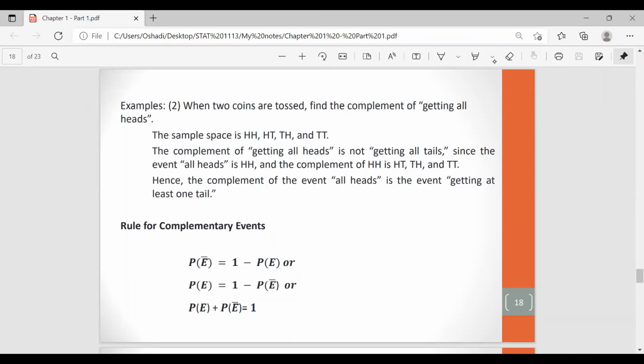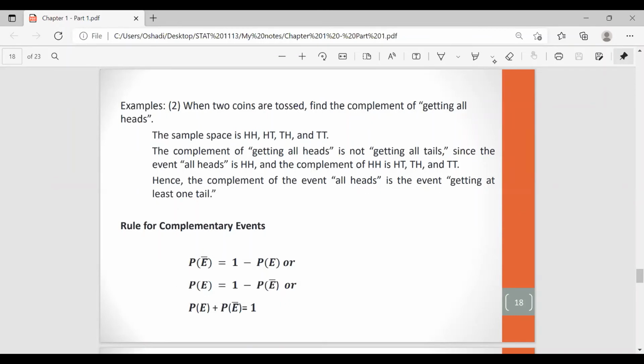So the complement of the event all heads is the event getting at least 1 tail, or we can say not getting all heads, right? So be careful when you are writing the complementary event, okay?